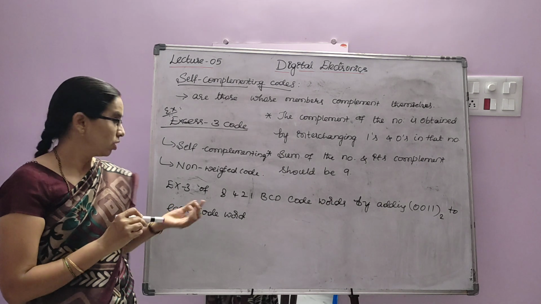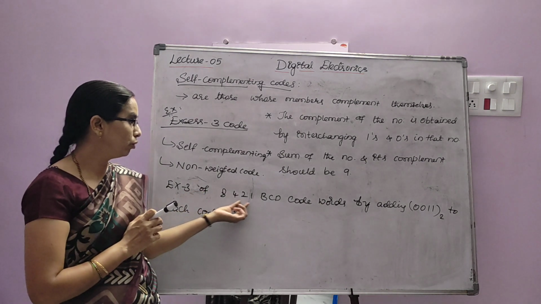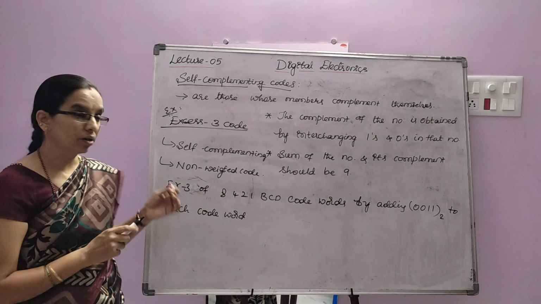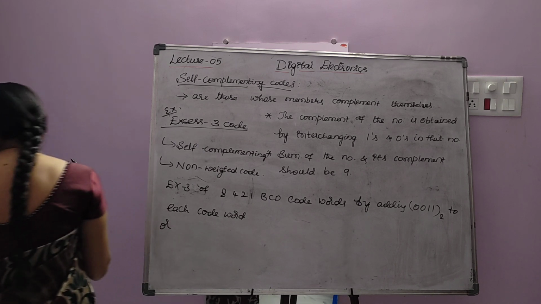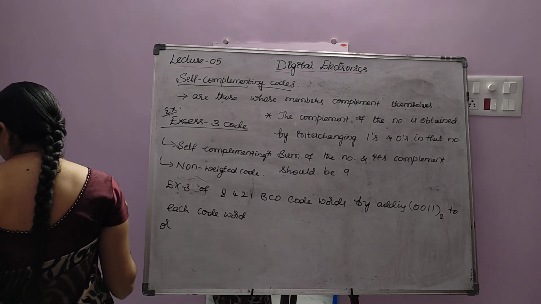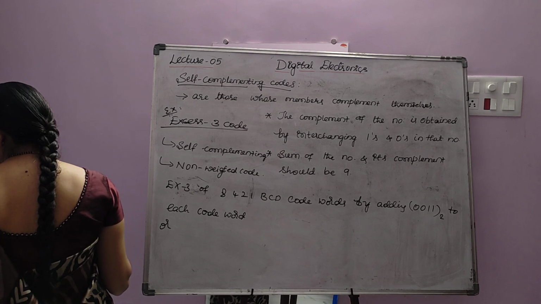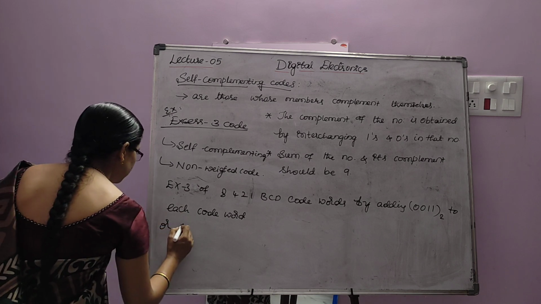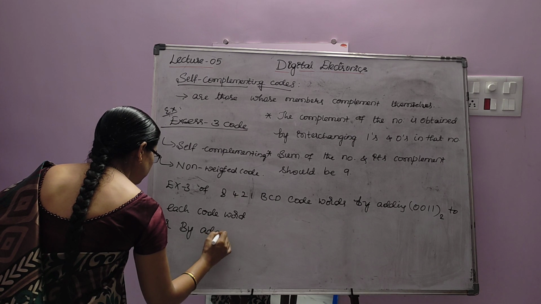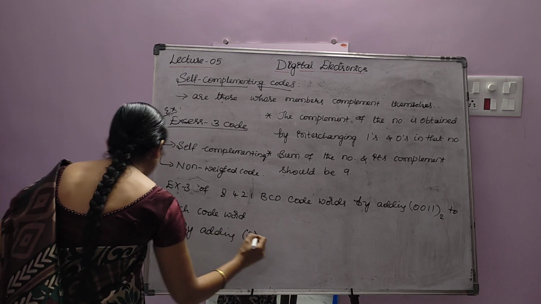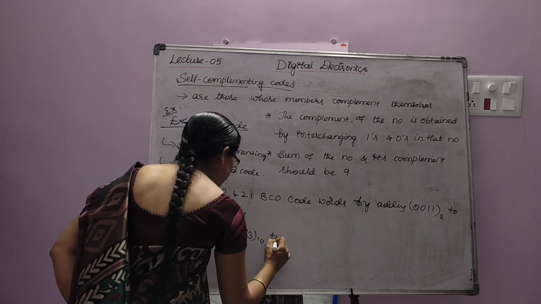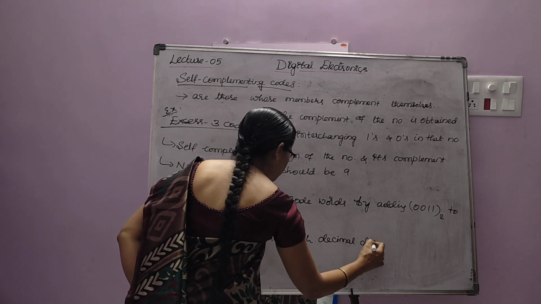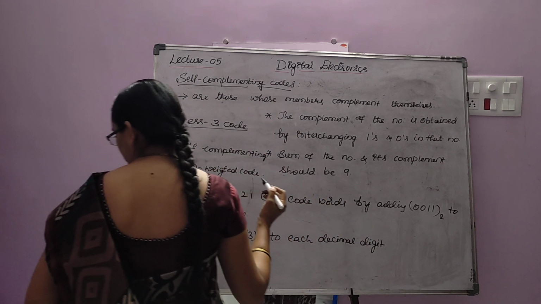So XS3 code is derived from our 8421 BCD code by adding 0011 to each code word, or by adding decimal 3 to each decimal digit.